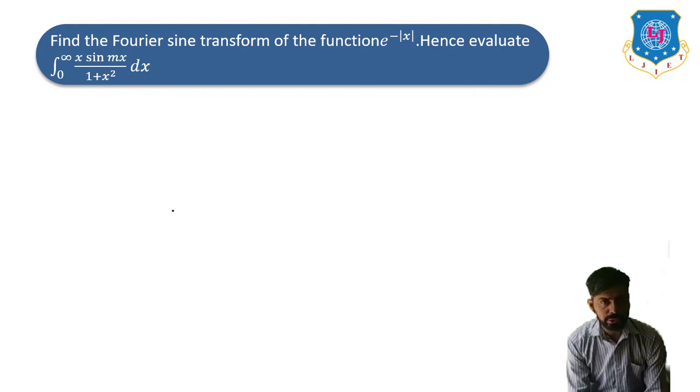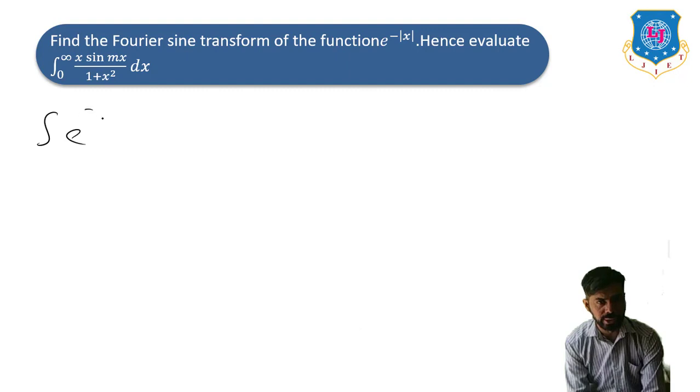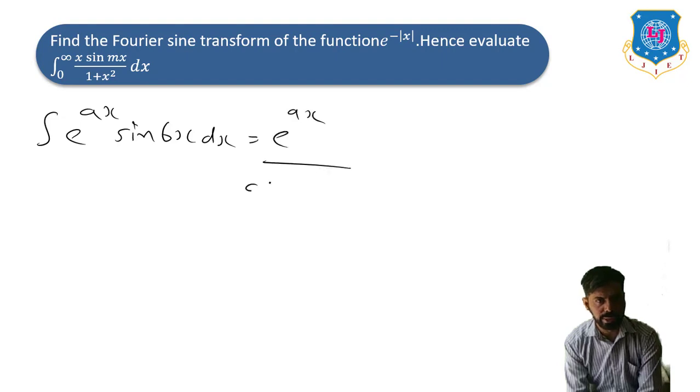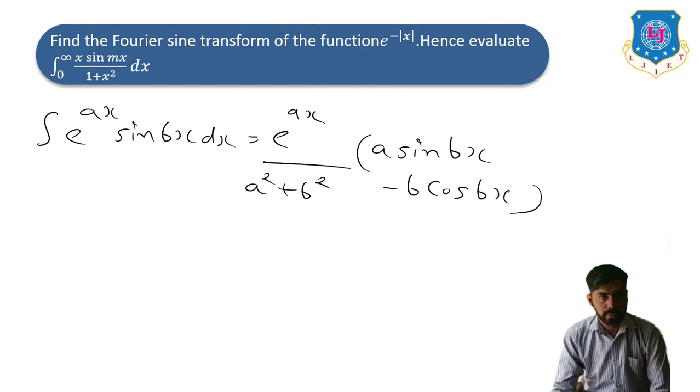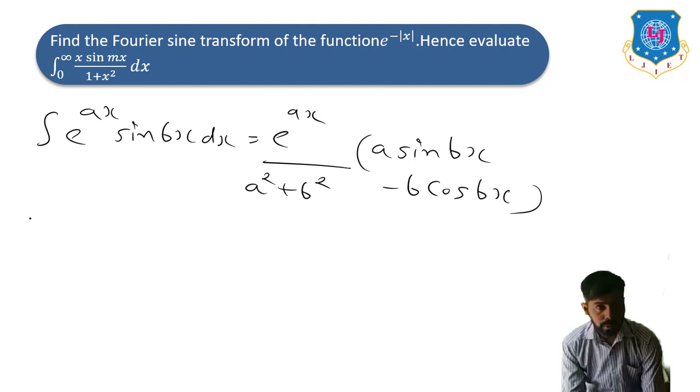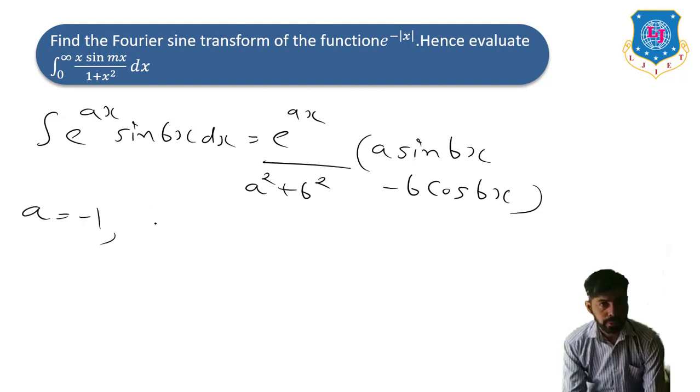We will use the formula, that is integration e raised to ax into sine bx dx will be e raised to ax divided by a square plus b square into a sine bx minus b cos bx. So here if we compare this, value of a will be minus 1, value of b will be s.